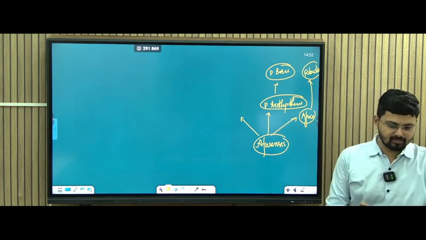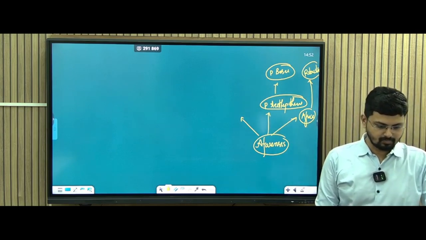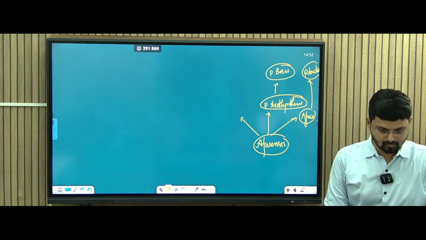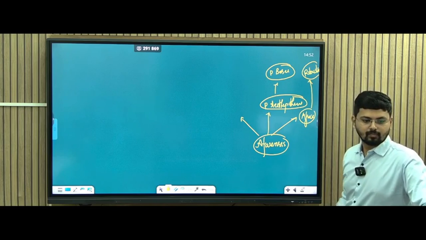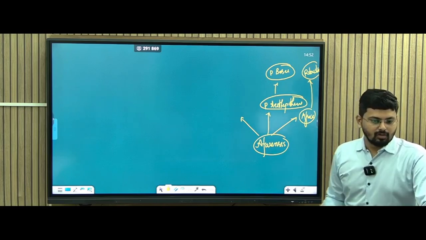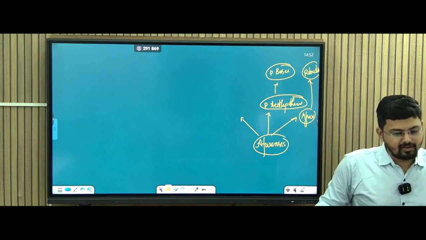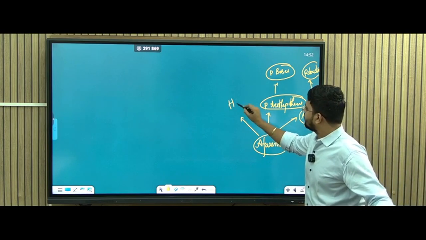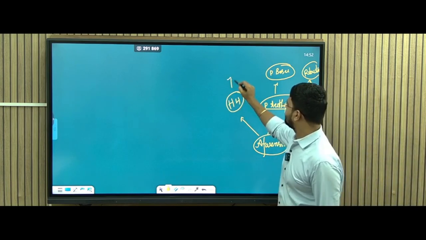Africanus, robustus. And the other line is the Homo line. You have Homo habilis, Homo erectus.